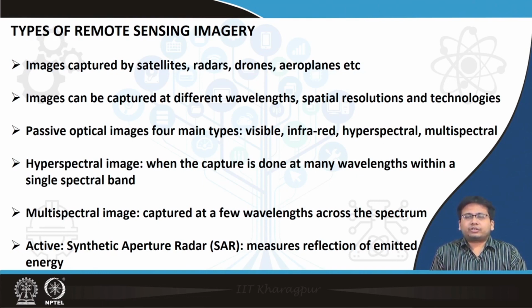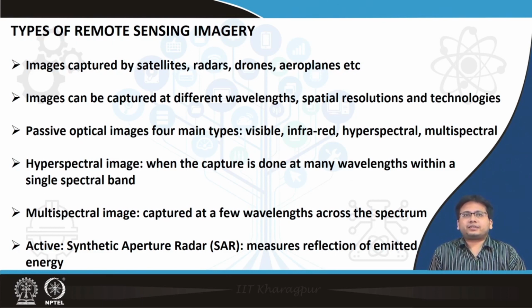We do the image capturing at a very large number of wavelengths within that block, and the set of images we get is called a hyperspectral image. It can be represented as a cube: at each wavelength we get a 2D image, but there is a long sequence of such images, each at a different wavelength. Taken together they form something like a cube.